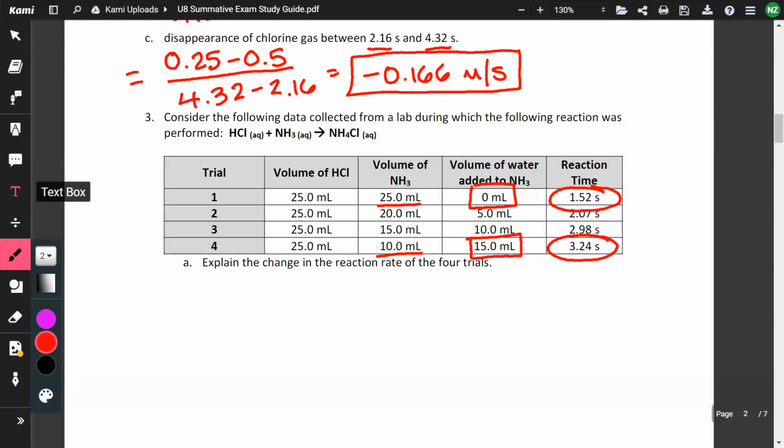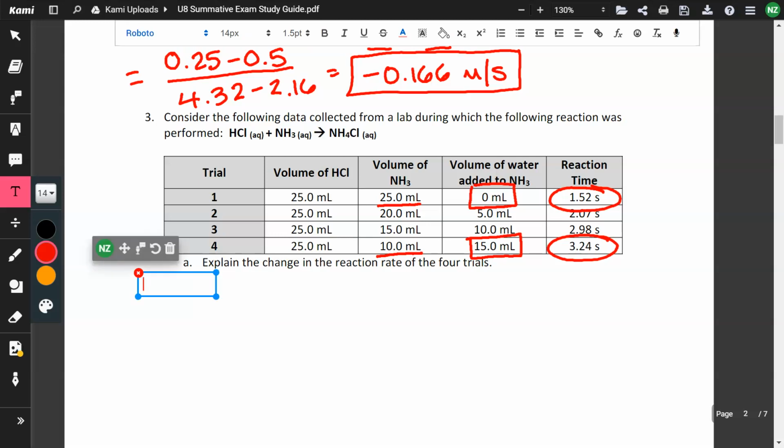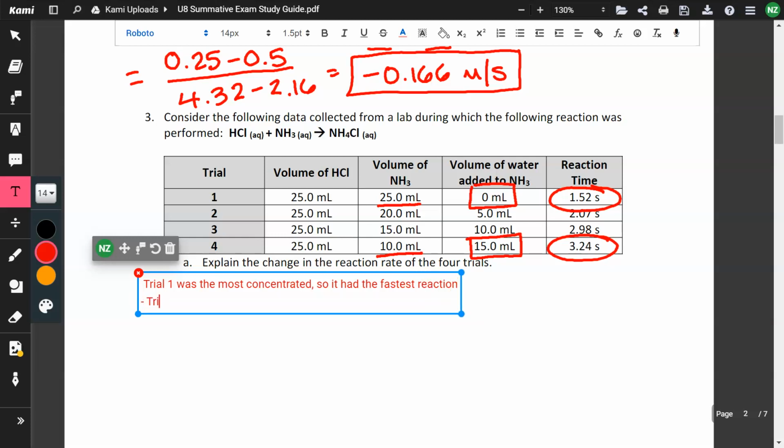So let's summarize those points. So trial 1 was the most concentrated, so it had the fastest reaction. Trial 4 was the least concentrated, so it had the slowest reaction time.